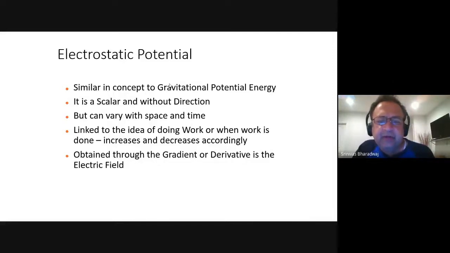The thing with electrostatic potential is that electric fields are also conservative fields. Electrostatic potential is a concept similar to potential energy.